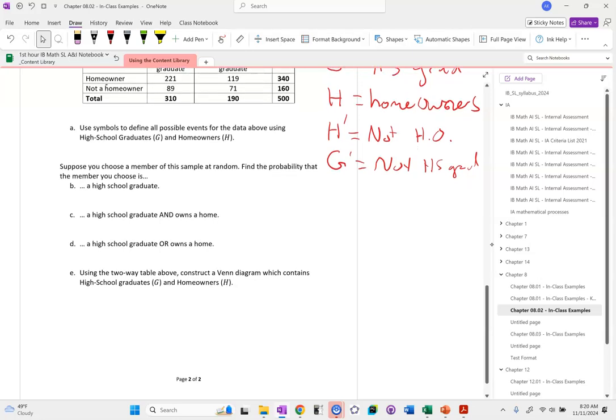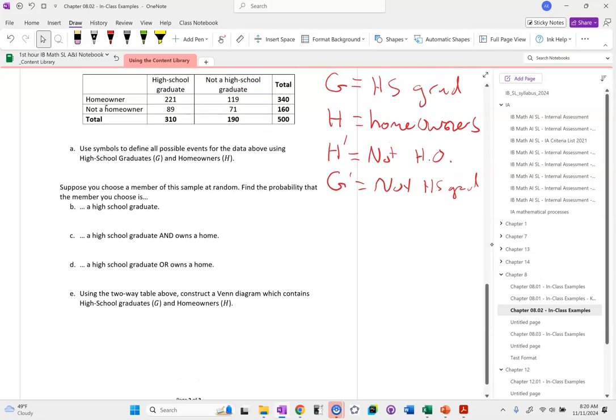Suppose you choose a member of this sample at random. Find the probability that you choose a high school graduate. So we're looking for the probability of G. How many graduates do we have? 310. How many total people did we talk to?